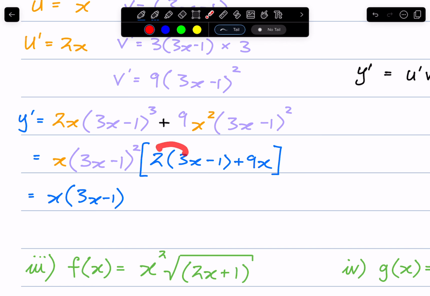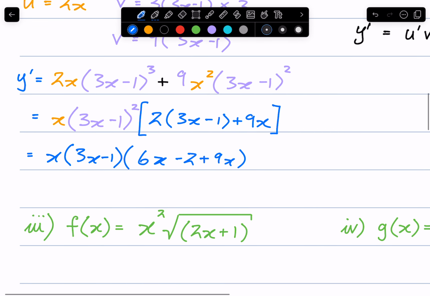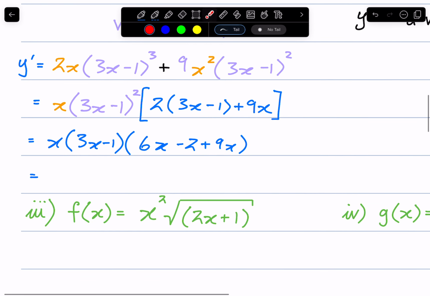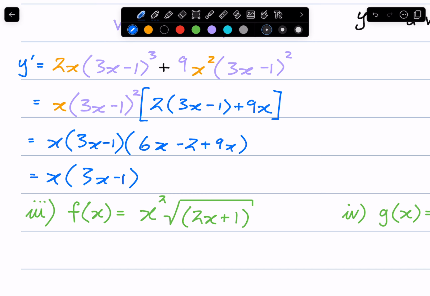This term I can expand. This gives me 6x minus 2 plus 9x. And simplifying this again, 6x plus 9x, this gives us x times 3x minus 1 times 15x minus 2.